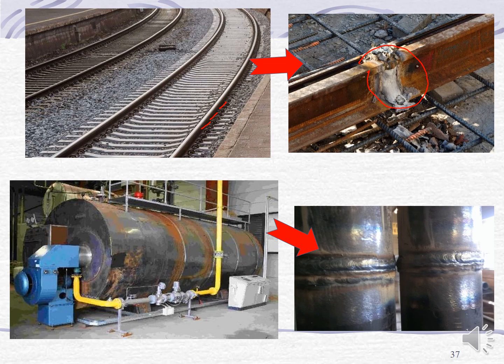Same with this boiler. This boiler is made of several metal plates. In order to join one metal plate to another metal plate, we need to do the welding process. So this is the weld bit, which was formed during the process.